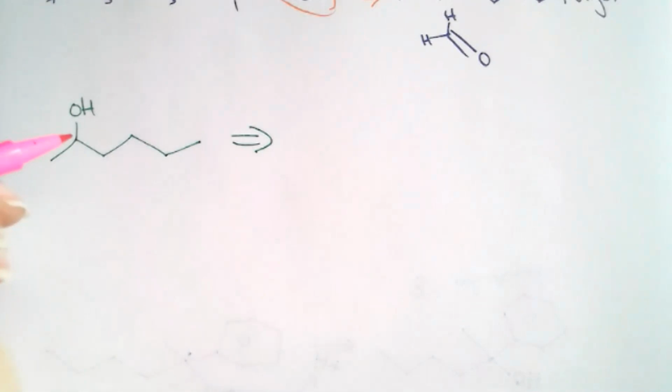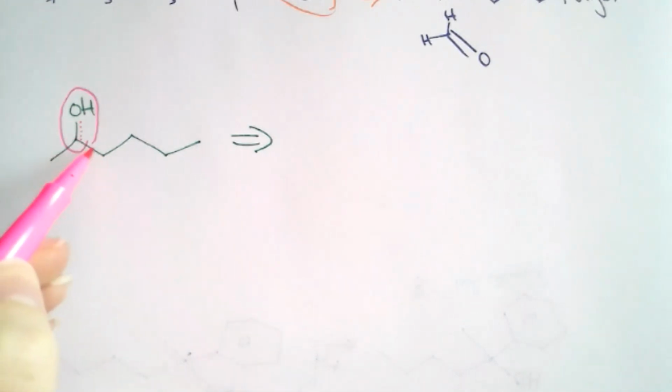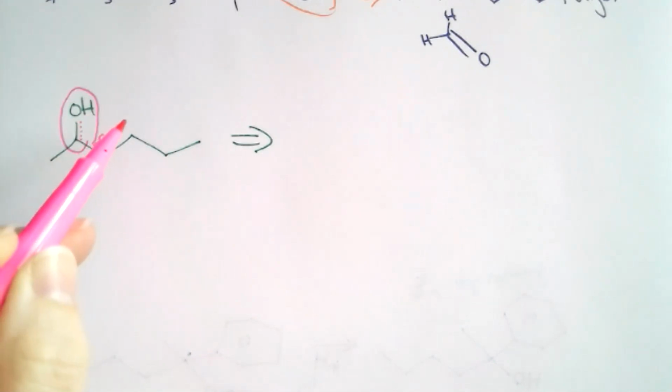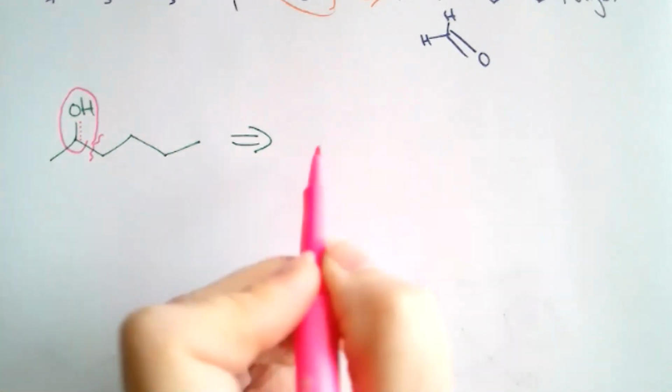Start by circling the alcohol carbon. And you can imagine that that used to be a carbonyl. You're going to break one of the bonds on either side and turn the not-alcohol side into the Grignard and turn the alcohol side into the carbonyl.